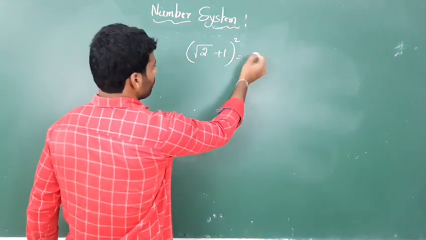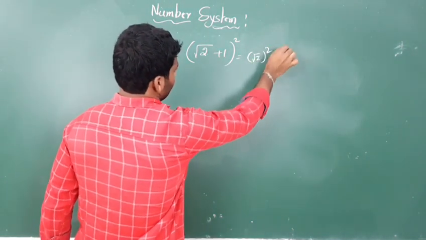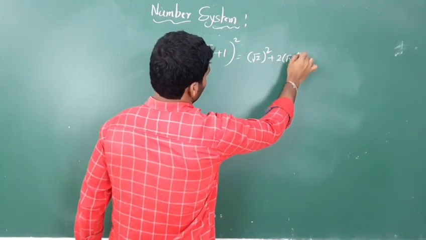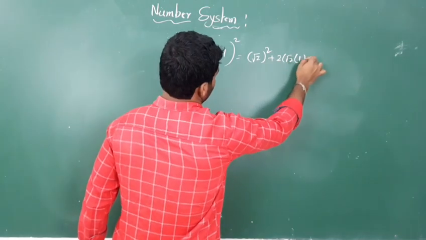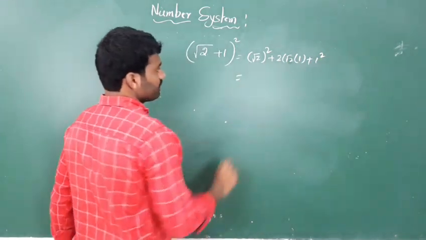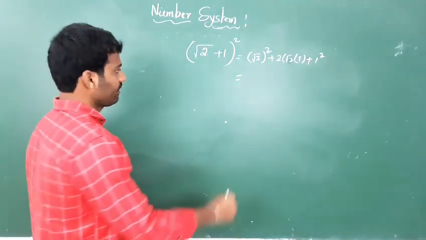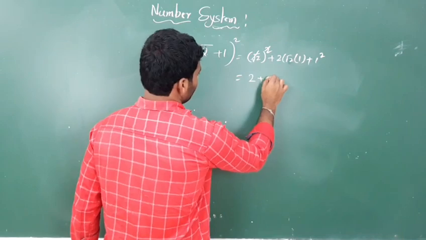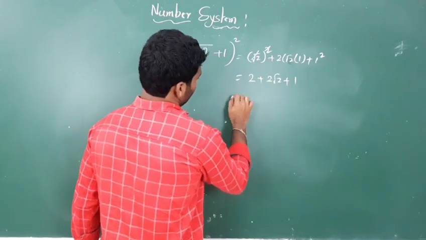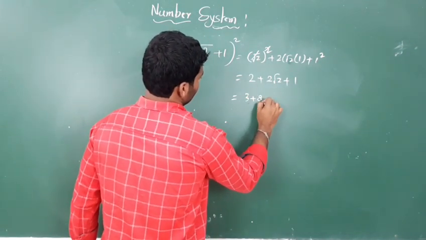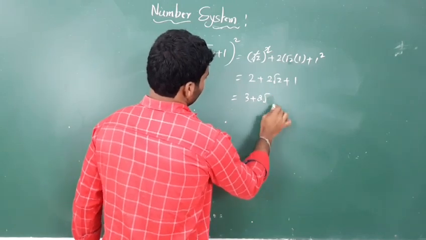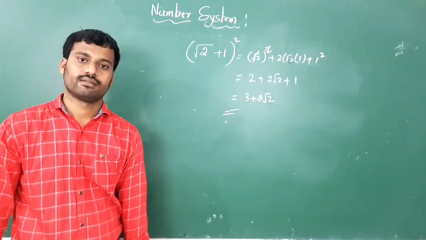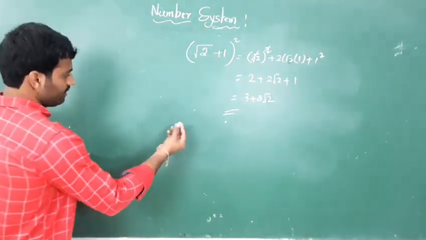So you apply that concept. a square means root 2 whole square, plus 2 into root 2 into 1, plus 1 square. Root 2 whole square, the square and square root will cancel, giving 2. So 2 plus 2 root 2 plus 1, which can be written as 3 plus 2 root 2. This is the simplified answer. Clear or not?